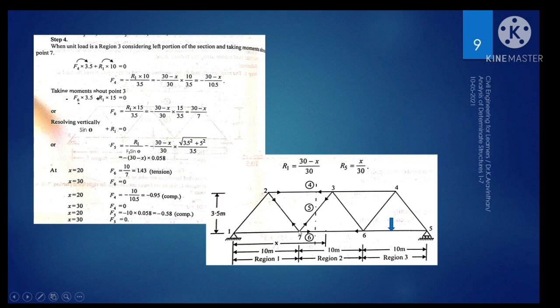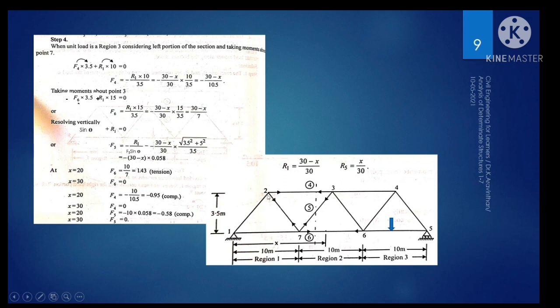So while considering at joint 7, R1 into 10. This will be clockwise, and R1 into 10 will be clockwise, and it is plus. And if we are considering the member 4, it is acting clockwise, at a distance of 3.5.